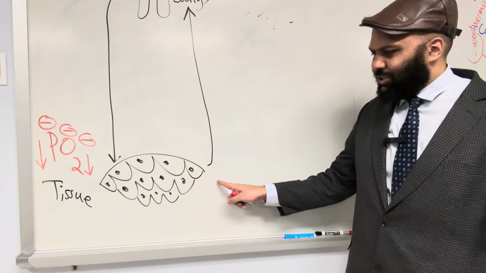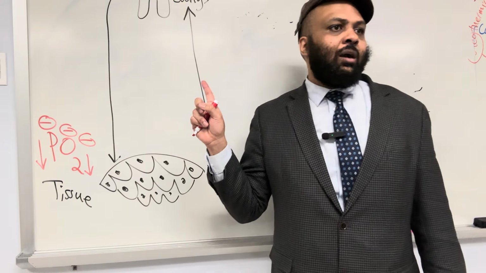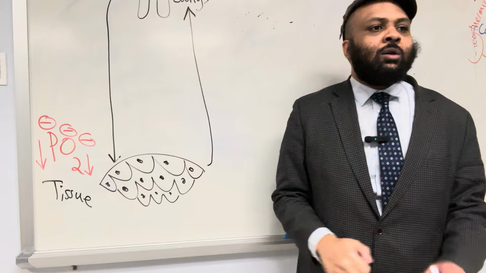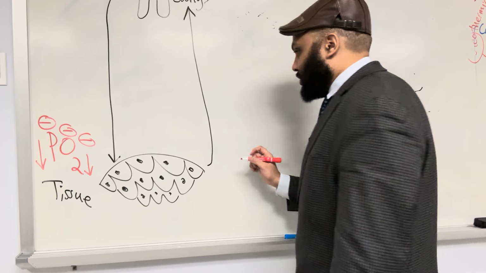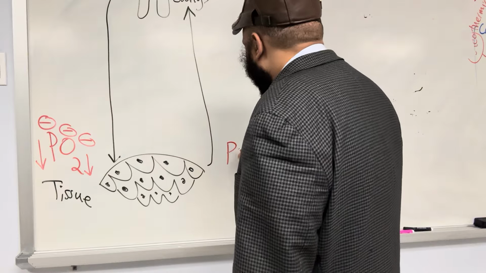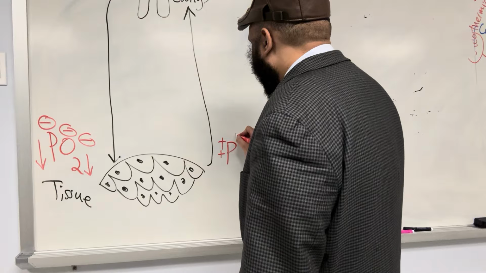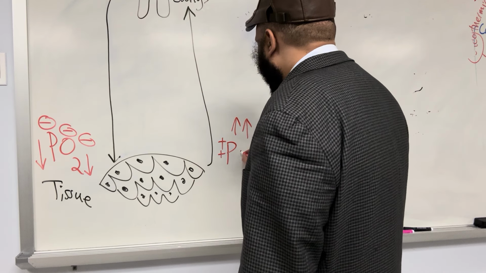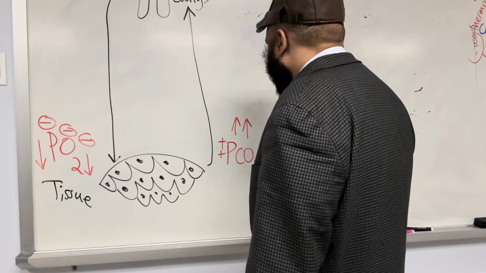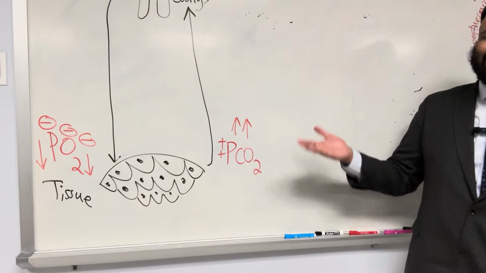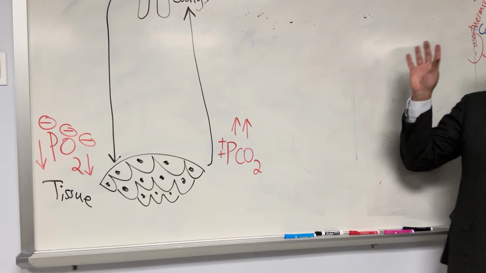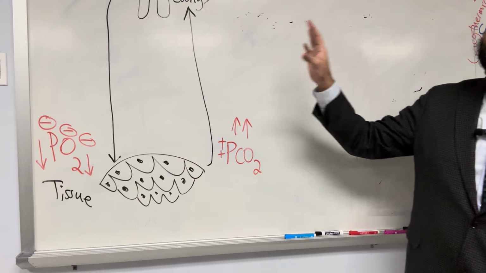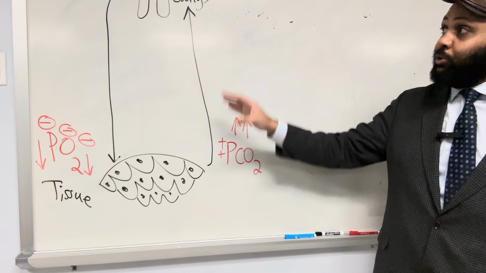Do you think this tissue is going to have high or low carbon dioxide partial pressure? Very high. So your tissue is going to have extremely high carbon dioxide partial pressure. This is really, really, really important. This is the mental picture that you should have about the two trips.